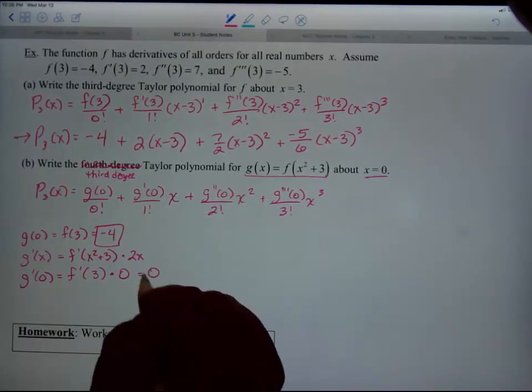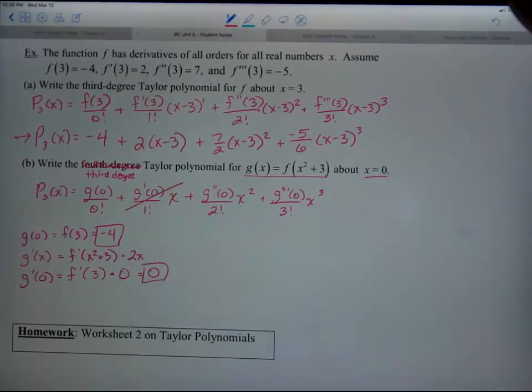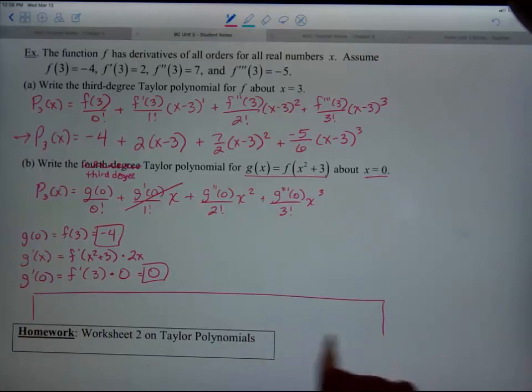So that means there will be no g prime term at all because the numerator is 0. Does that make sense to you? If I put a 0 on top of that fraction, there's no fraction. Are we good? Okay. I'm going to leave some space at the bottom for my answer. I'm going to leave that open for my polynomial when I'm finished.